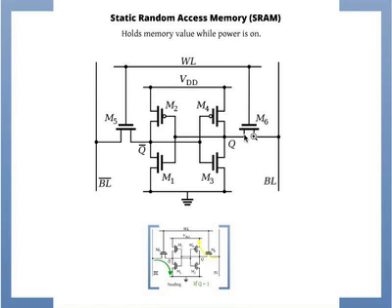Then I can complete the circuit, because this transistor is on already, since Q is 1 and Q bar is 0. Now I turn this transistor on, which means I complete this circuit. Do you see that? In other words, the bit line will quickly go up to VDD. Do you see that?